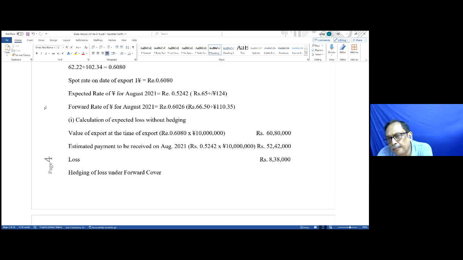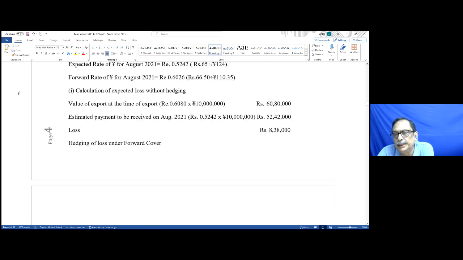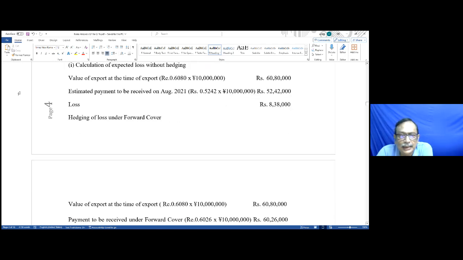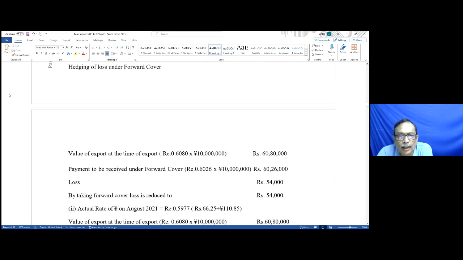So loss will be the difference between these two amounts, that is 60 lakhs 80,000 minus 52 lakhs 42,000. So virtually it comes to rupees 8 lakhs 38,000. So that is the loss without hedging.